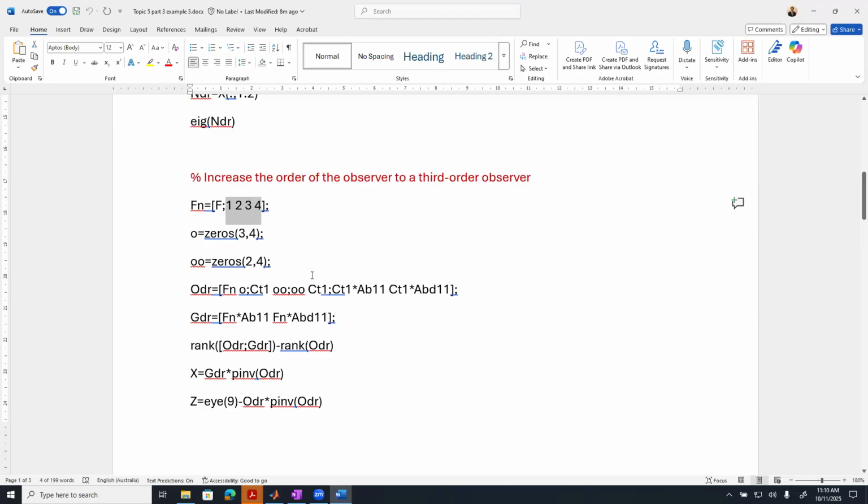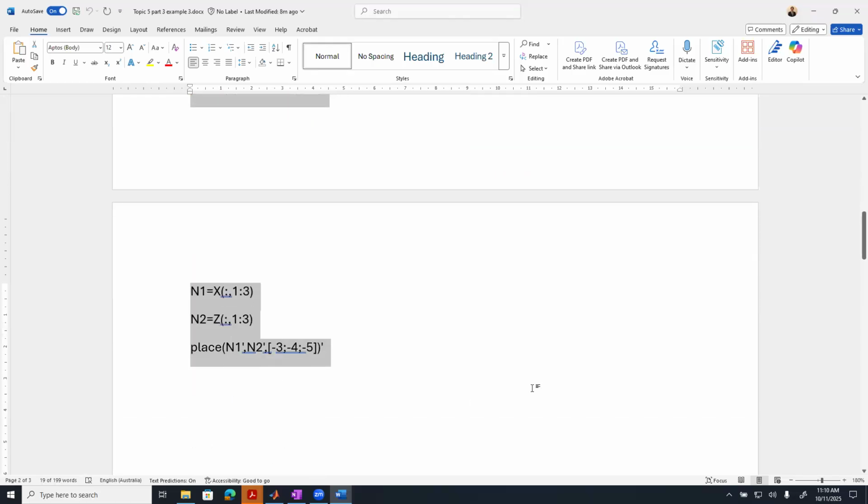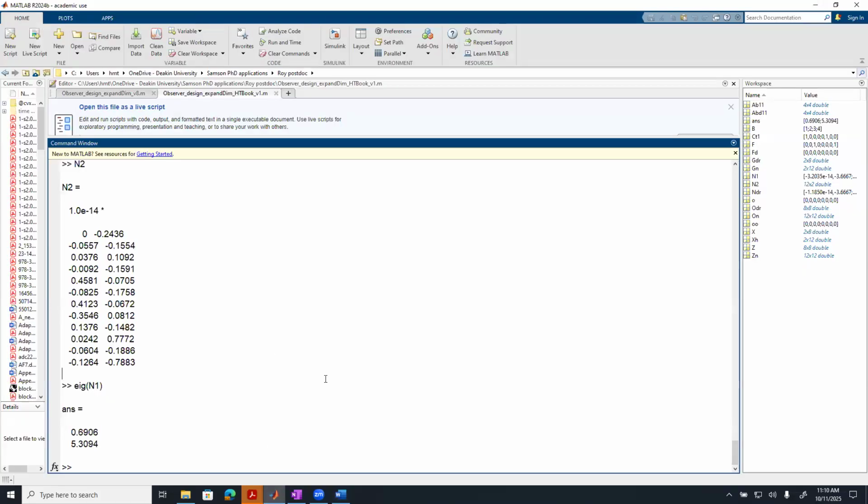That's exactly what happened here. So we then retest the condition.